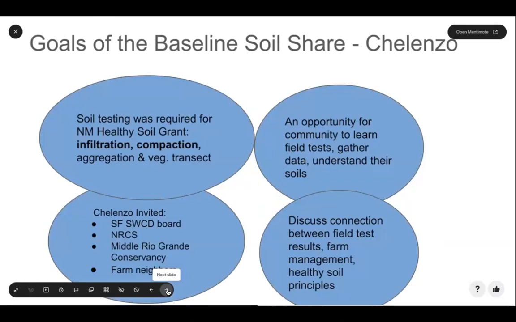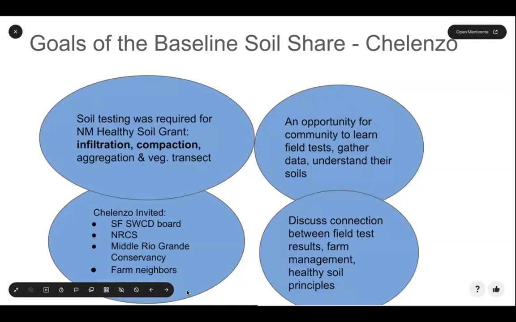So when we were looking at how to design the soil share workshop at Chilenzo Farm, one of the things that we wanted to focus on were the soil tests that were required for a particular grant that they had applied for, which is the New Mexico Healthy Soil Grant.